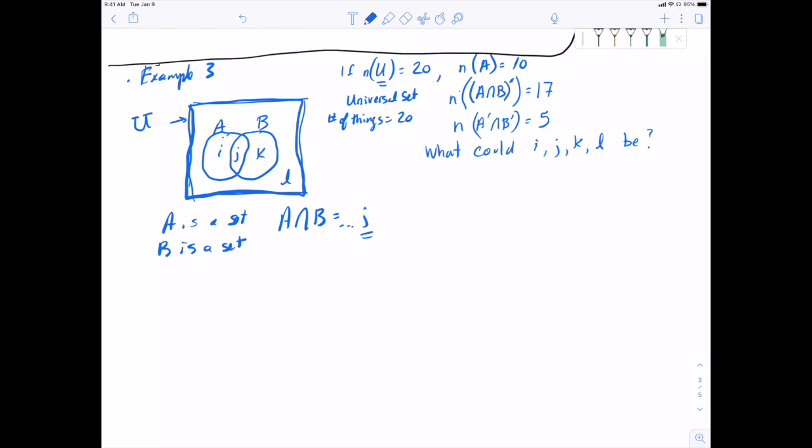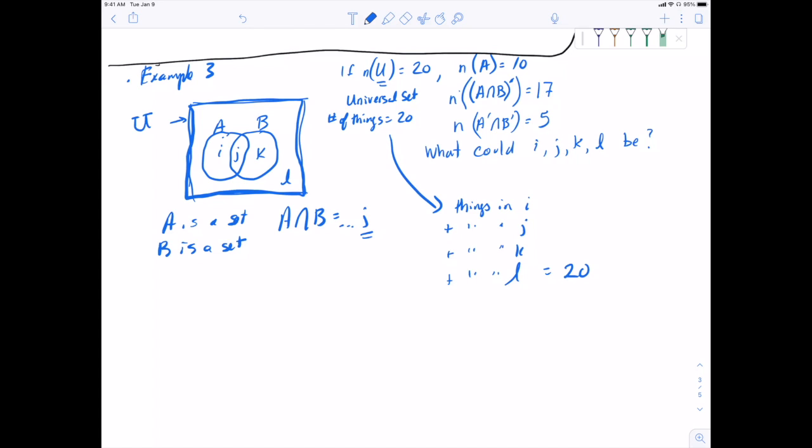The way to think about this is the things in I plus things in J plus things in K plus things in L equals 20.